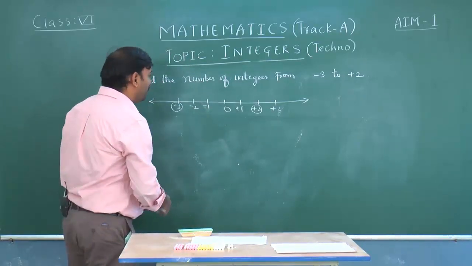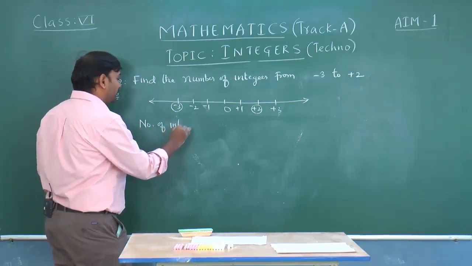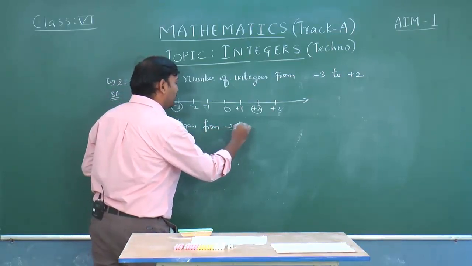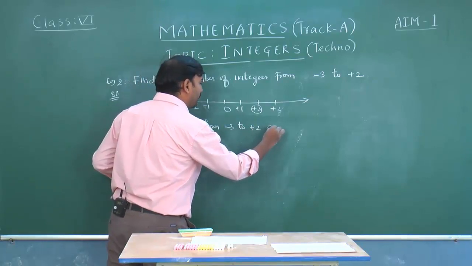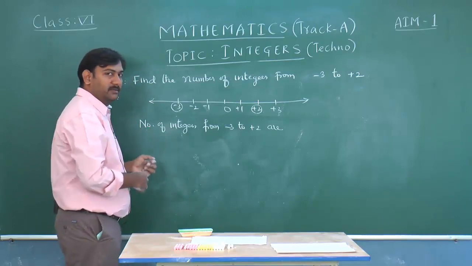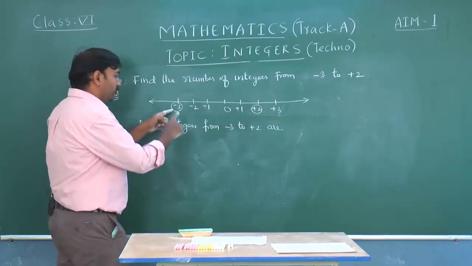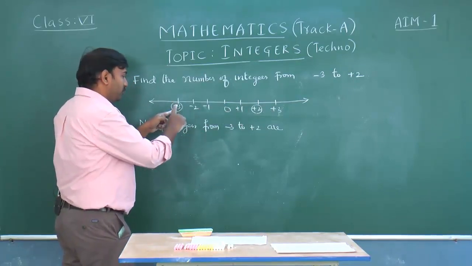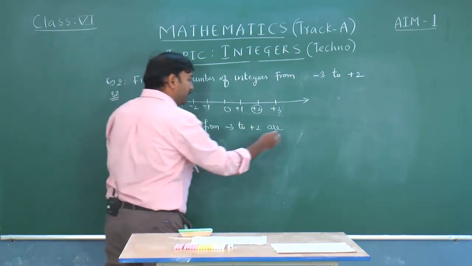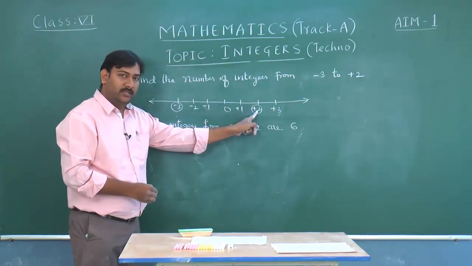Here we need to include minus 3 as well as plus 2. So start counting from minus 3 onwards: 1, 2, 3, 4, 5 and 6. So the number of integers from minus 3 to plus 2 is 6.